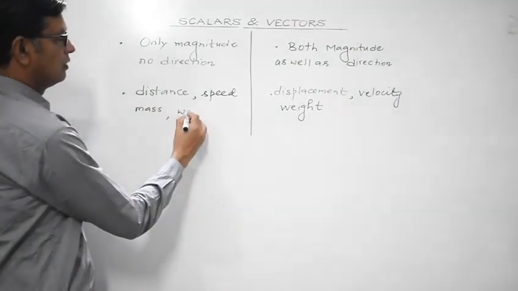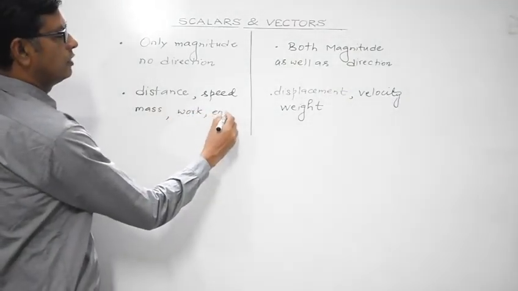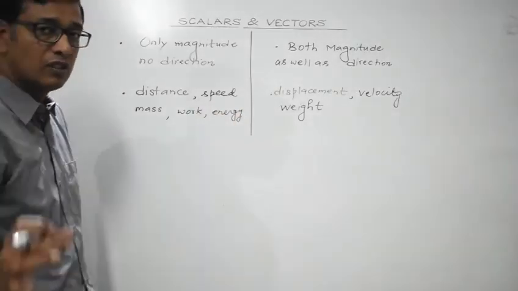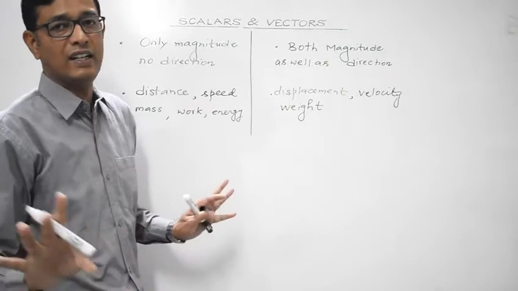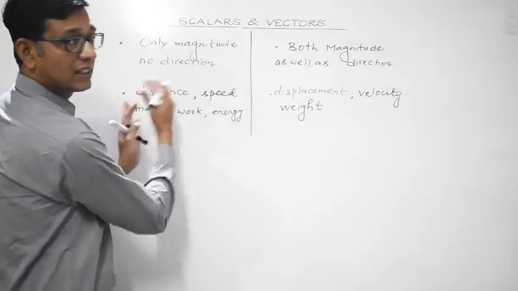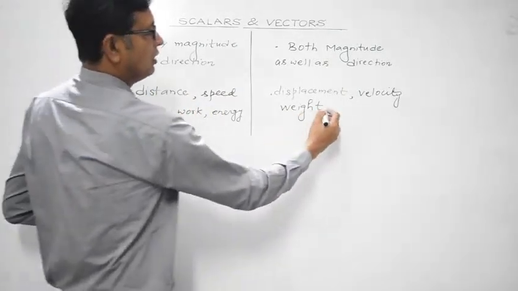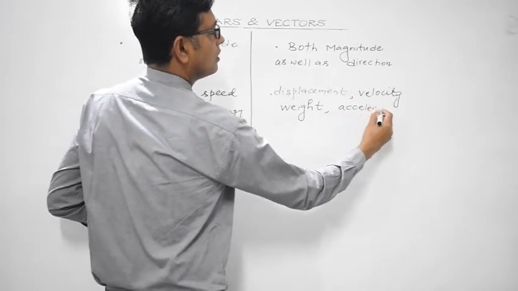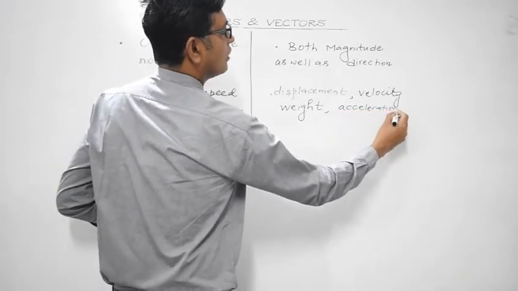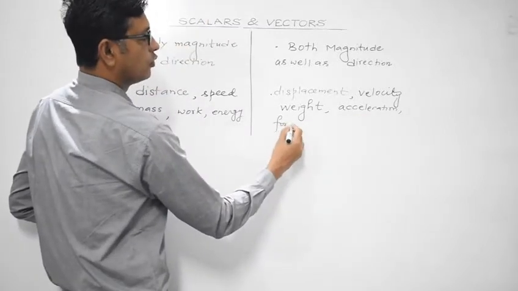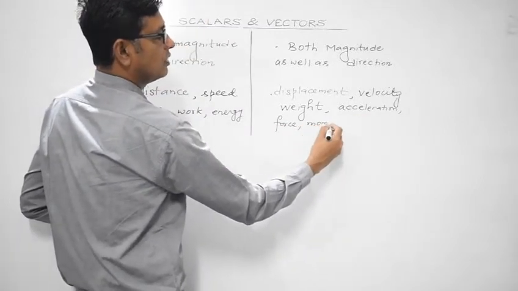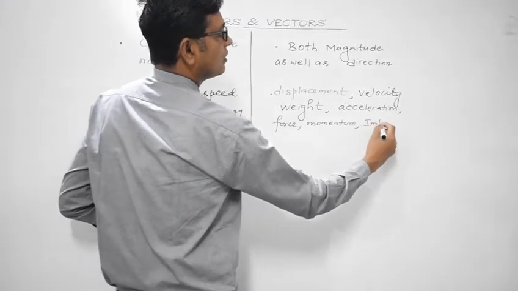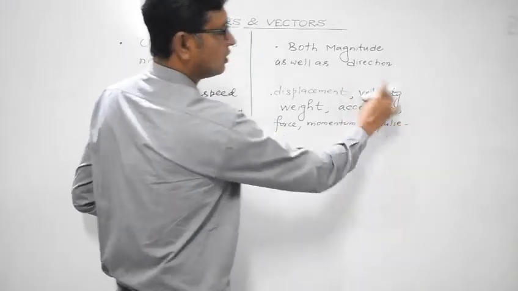Work, energy, these are all physical quantities which possess only magnitude but no direction. So they come under this category, scalars. While here, force, acceleration, momentum, these are terms which we will be discussing in a later section. Impulse, we'll discuss these terms in detail.